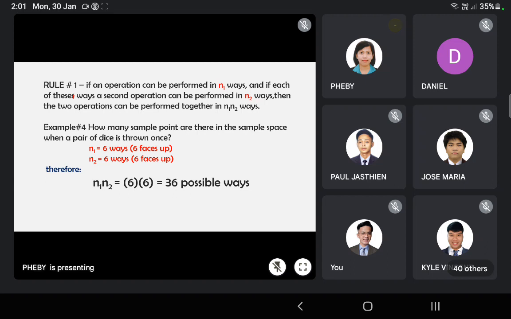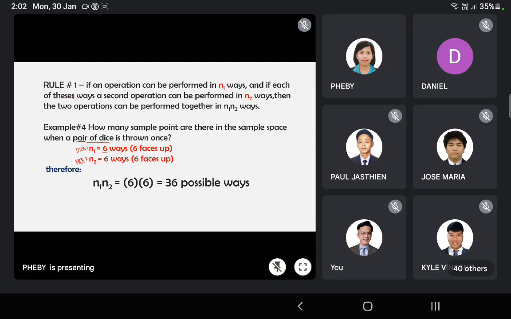Example: how many sample points are there in a sample space where a pair of dice is thrown? When we say a pair of dice, there are two: dice number 1 and dice number 2. So, for n1, dice number 1 has 6 faces that can occur on top, so it has 6 ways.